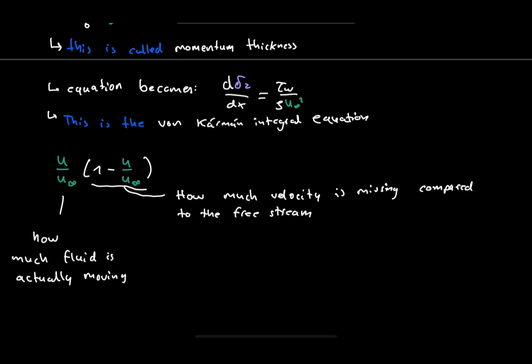Integrating across the boundary layer gives the total momentum loss. So the momentum thickness represents the thickness of a uniform layer moving at free stream velocity that would produce the same momentum loss as the real boundary layer.